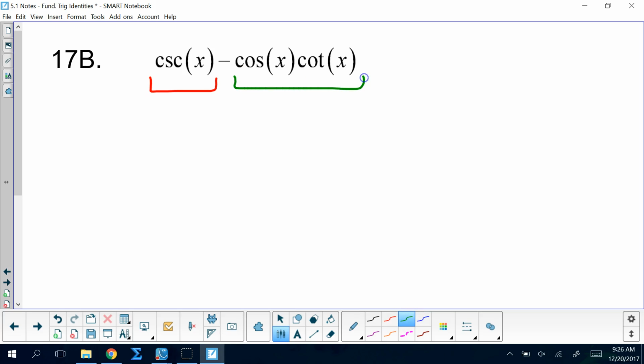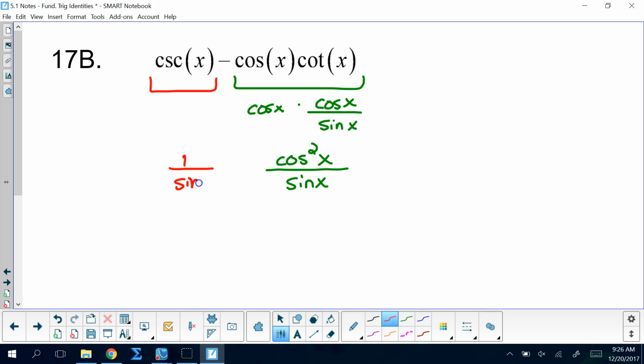So I would first do cosine of x times cosine of x over sine of x. So that becomes cosine squared of x over sine of x. Cosecant is 1 over sine of x.